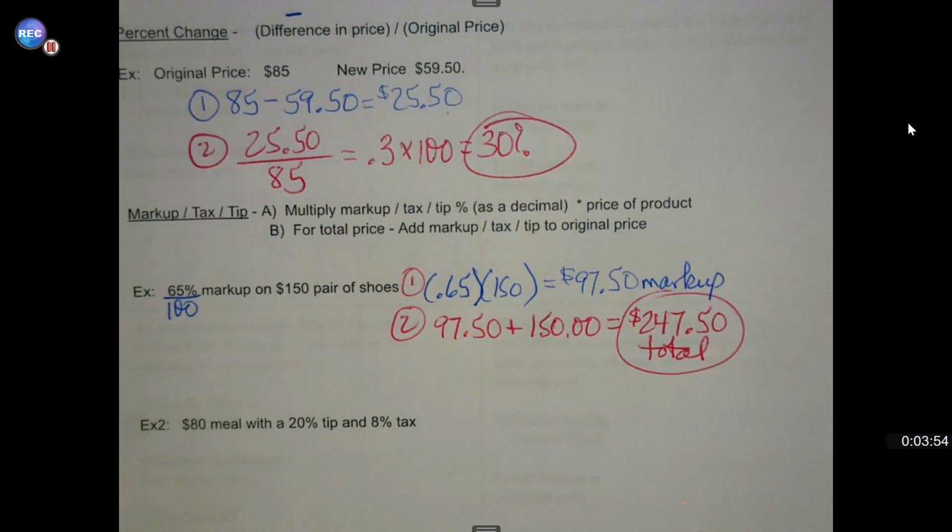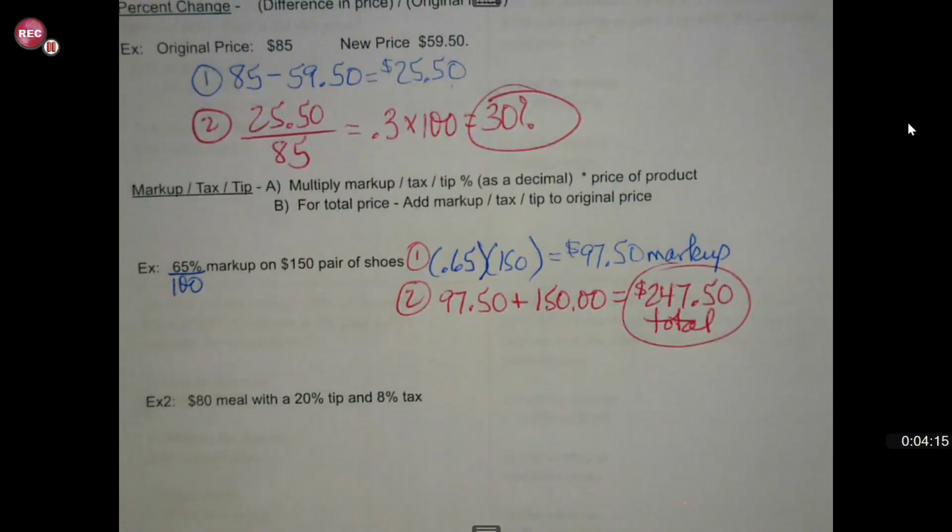But if you're asked for the total price after markup or for the consumer or whatever that is, you'd go ahead and you'd add that in and you could get what that price would be out on the shelves for you. And so I am going to challenge you some tomorrow as we get into these doing multiple parts.